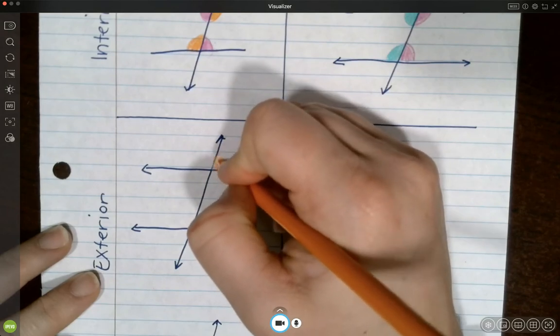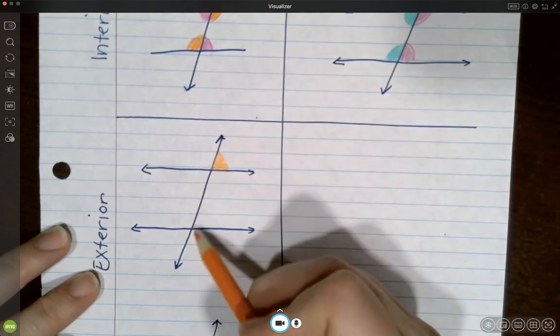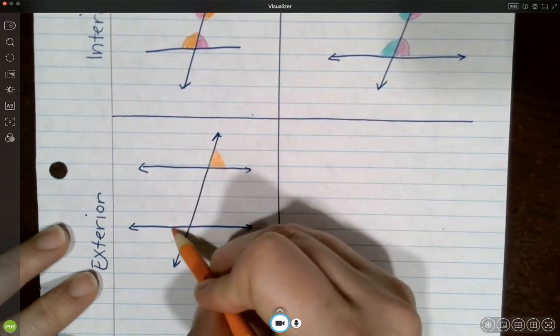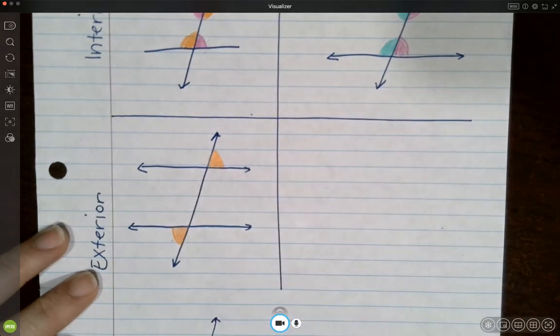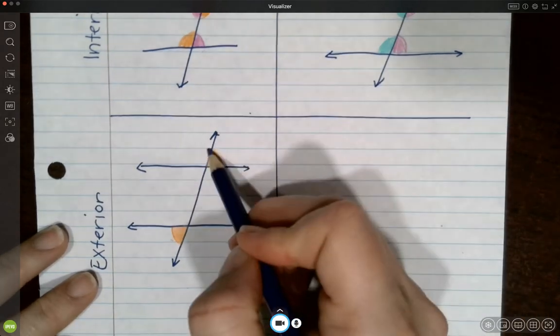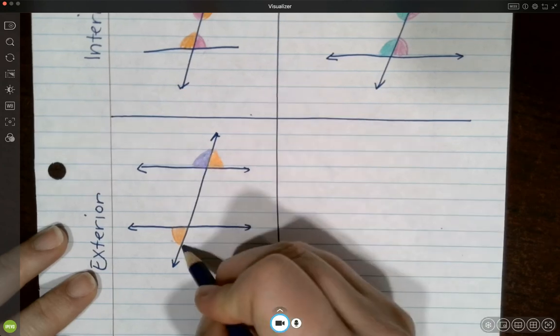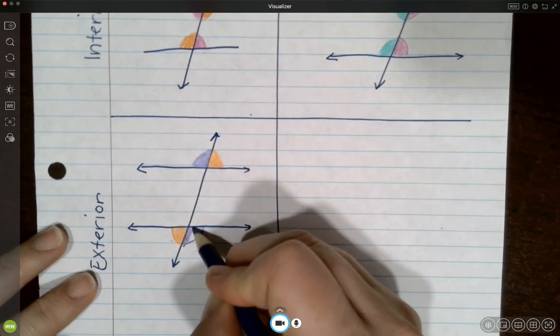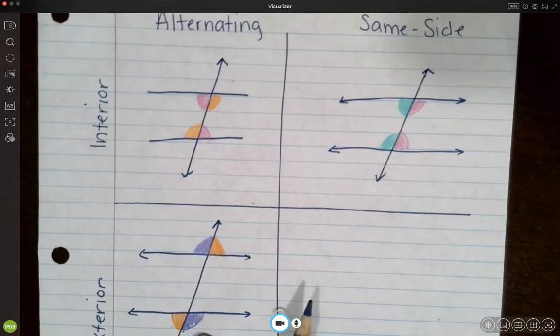I just picked an angle. And again, we're alternating, which means I have to be on the other side of the transversal. In doing that, we have this angle pairing on the outside, opposite sides of the transversal. So that is alternating exterior.